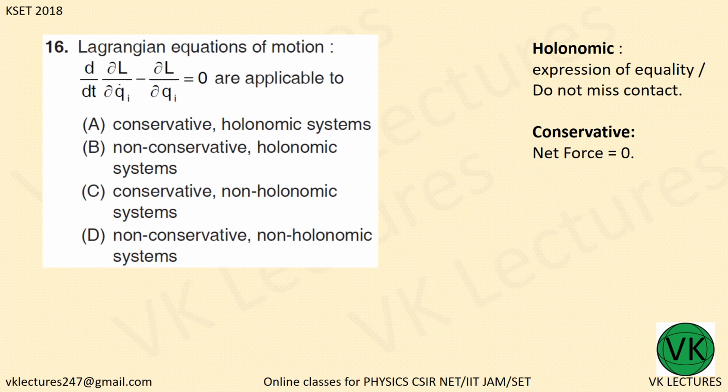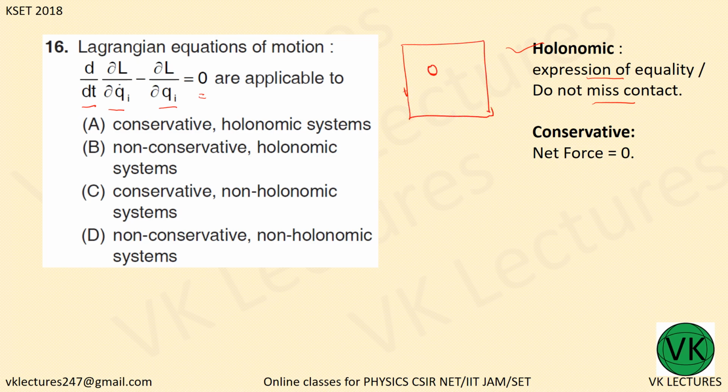Lagrangian equation of motion: total time derivative of dou L by dou q_i dot minus dou L by dou q_i equal to 0. Now before going into this option, let us see what is holonomic. Holonomic means expression of equality, where they do not miss the contact or lose the contact. Now what do you mean by holonomic? For example, you are playing polo.